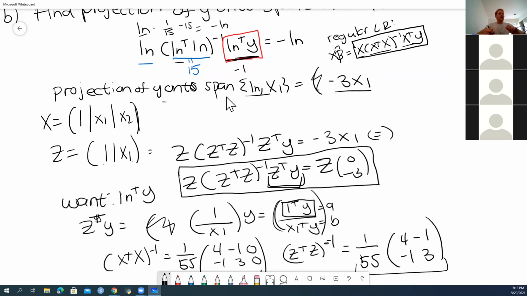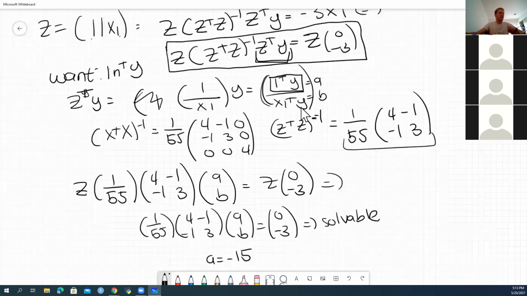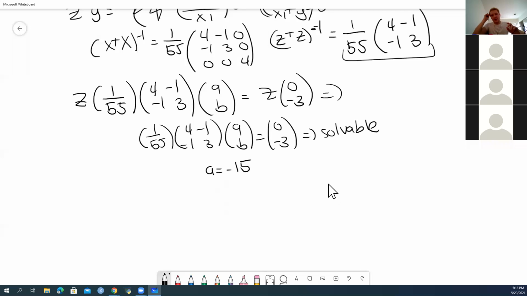And so we need 1n transpose y here to be -15. This right here is 1 over 15, this is just the 1 over n, and then we need this to be -15. Again, I'm not going to solve it, but this is what you'll end up getting. So a is going to equal -15, and you can enter that into a matrix calculator. It should work out. Okay, great. Thank you. Awesome.